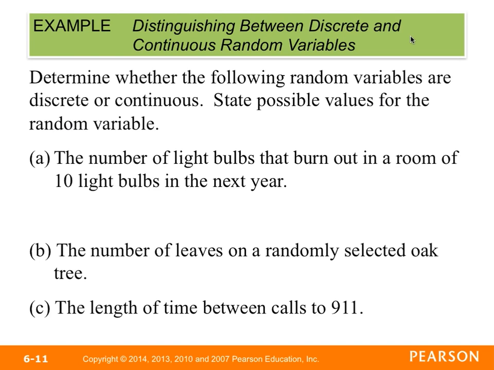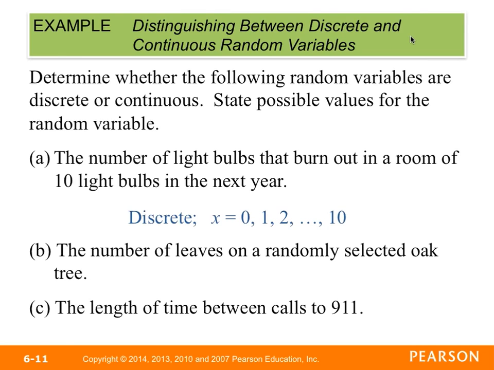The first thing we want to do is determine whether the following random variables are discrete or continuous, and then state the possible values for the random variable. The first one is the number of light bulbs that burn out in a room of 10 light bulbs in the next year. We could count the number of light bulbs that burn out, so that's going to be discrete.